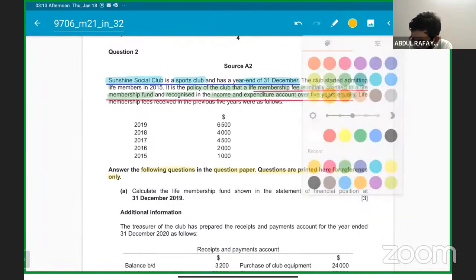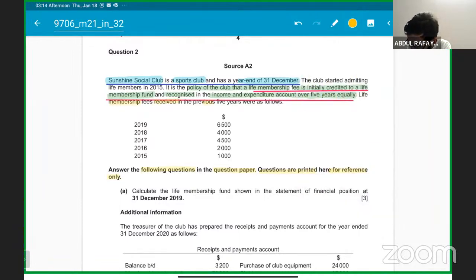The examiner has given us the life membership fees received in the previous 5 years, starting from 2015, 16, 17, 18 and 19, in their respective years. And we have to work it out for 3 marks.